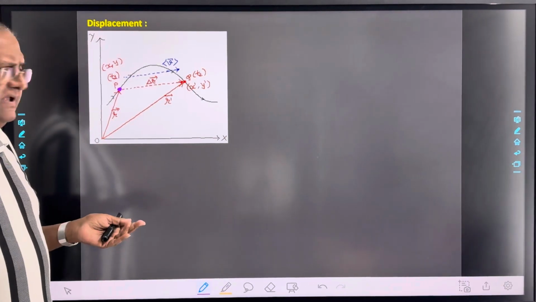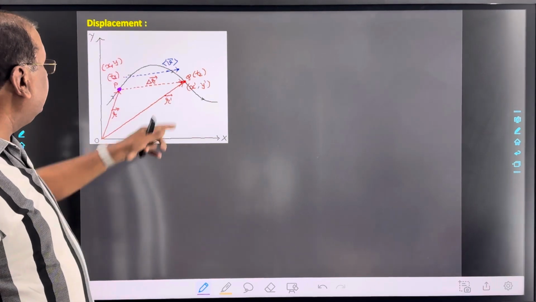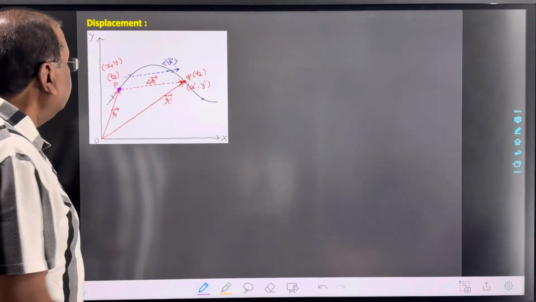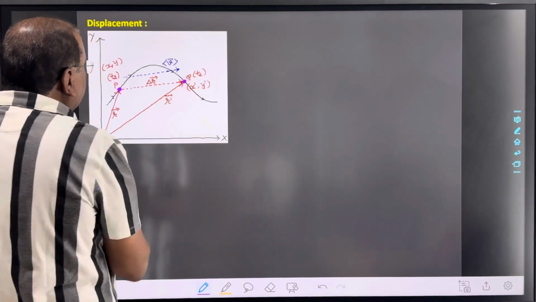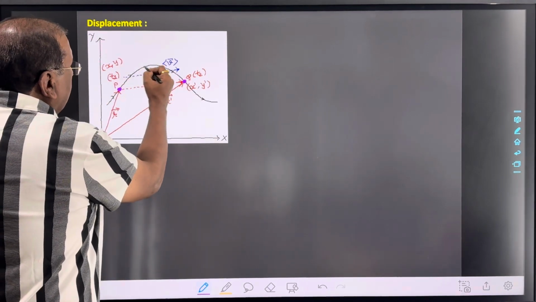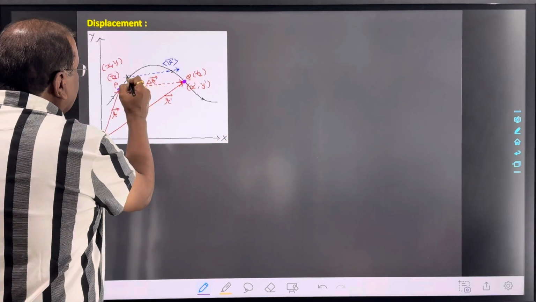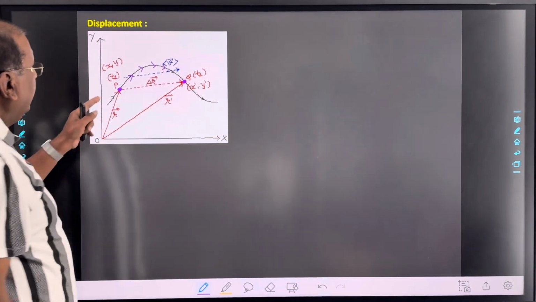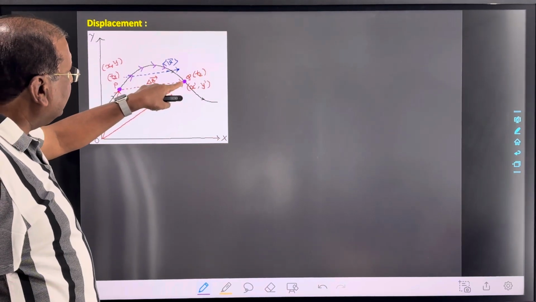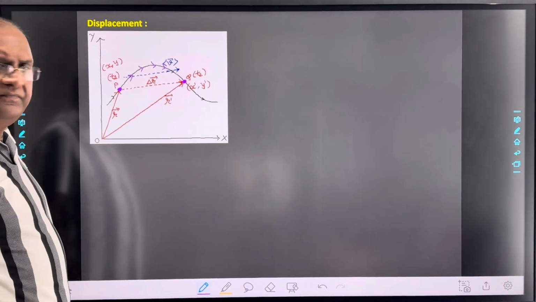Then after, suppose at some instant t2, the position of that particular particle is Q. The particle has moved on this particular curved path like this, and at time t2, it reaches position Q.